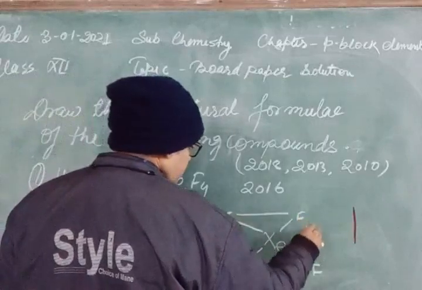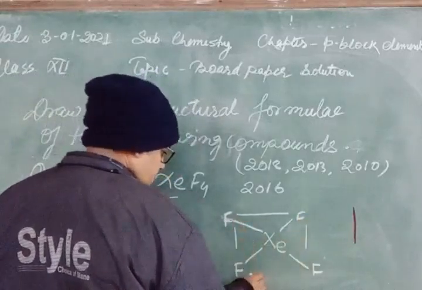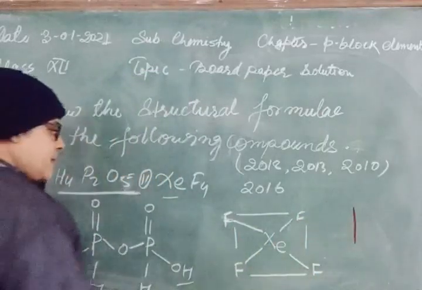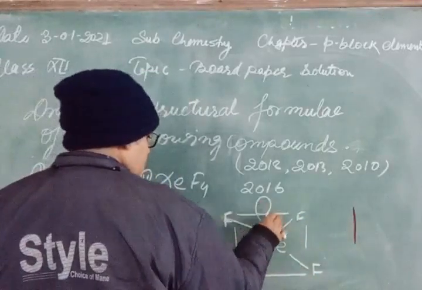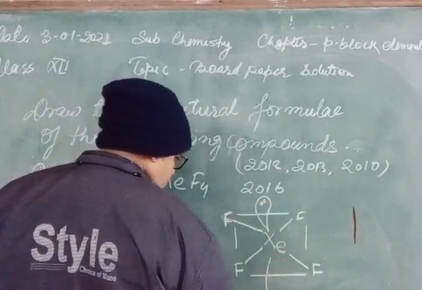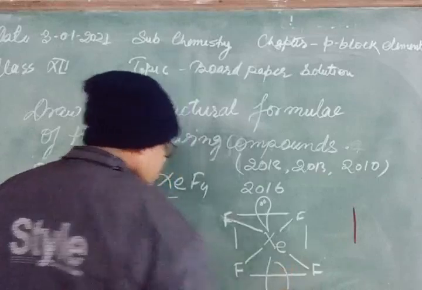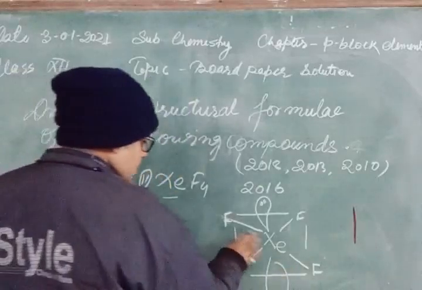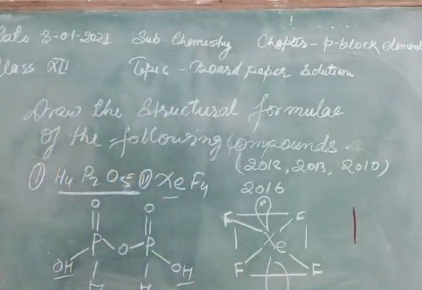In the square form, XeF4 will acquire a stable structure. And here will be one lone pair, two lone pairs like this. Square planar structure.